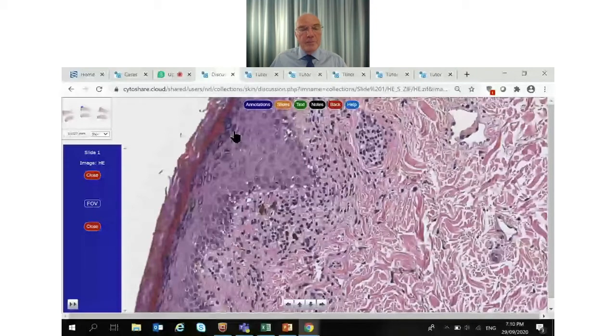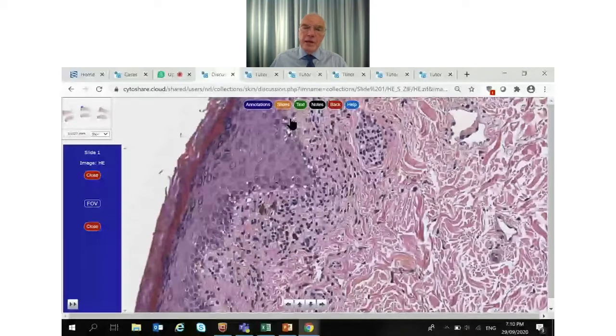So here we can see, compared to the normal piece of skin that I'm just showing you, we haven't really got the basket weave keratin here. It's much denser and it's thicker, so we call that hyperkeratosis. The granular cell layer isn't a thin blue line you can hardly see, but it's quite thick here. So that's an increase of the granular cell layer.